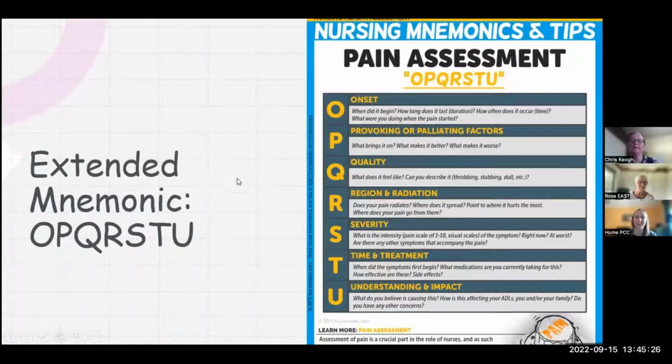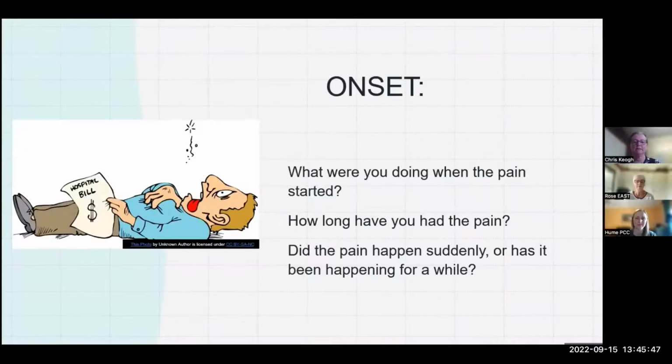So that was just a very quick mnemonic regarding pain. I thought I'd quickly go through a bit more of an extended mnemonic, OPQRSTU, that looks at some of the questions we may ask people about their pain when we're doing pain assessments.